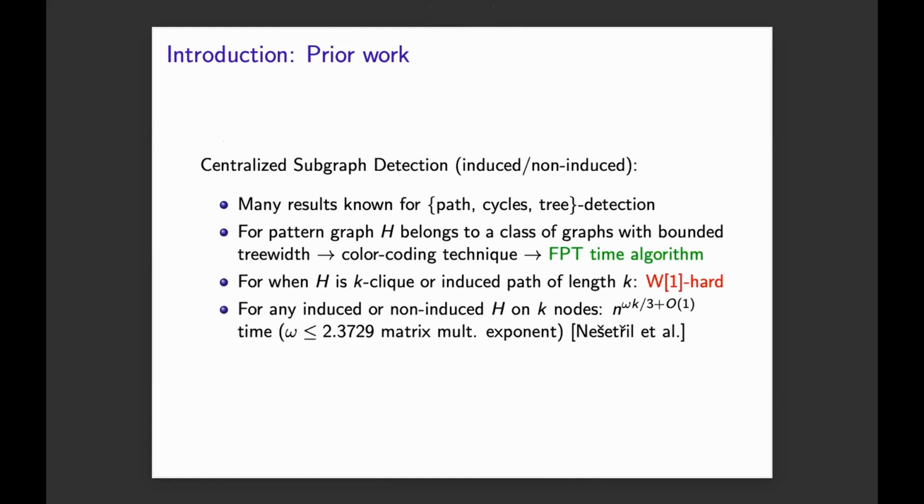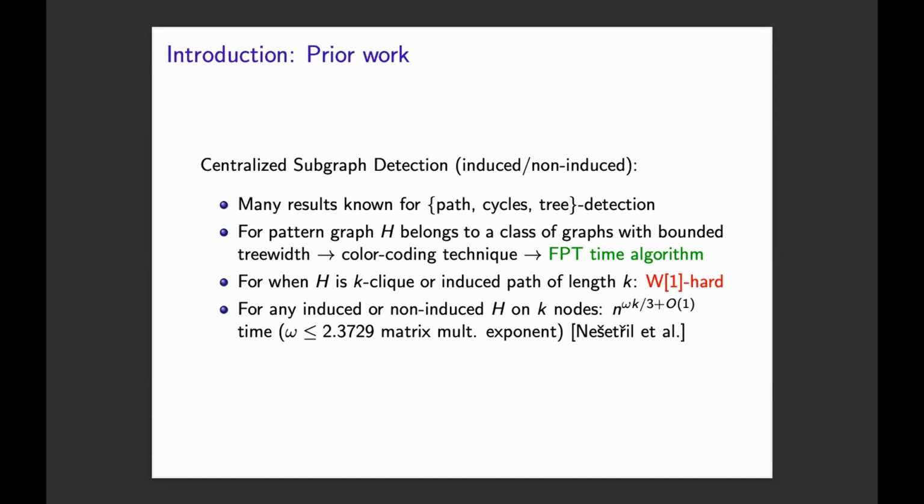In the case of prior work for detecting induced and non-induced subgraphs in the non-distributed setting, we get different types of results for different H, for example when H is a path, cycle, or tree.